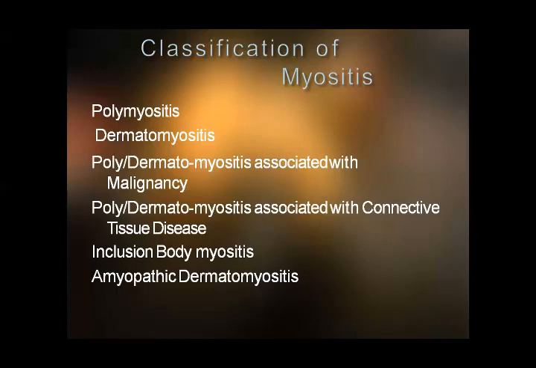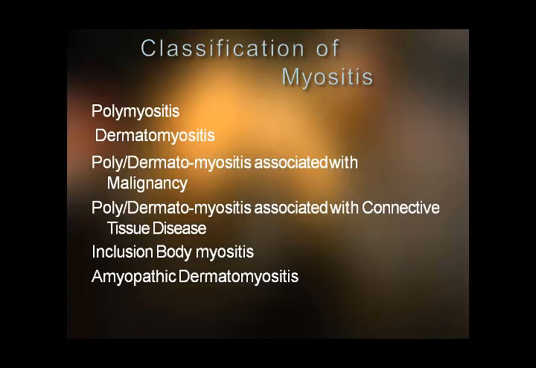Polymyositis can be differentiated into a chronic inflammatory disorder, which is primary polymyositis, and if polymyositis is associated with a skin manifestation like Gottron's papules, periorbital heliotrope rash, and other skin involvement, that is called dermatomyositis. It means polymyositis with skin involvement is dermatomyositis.